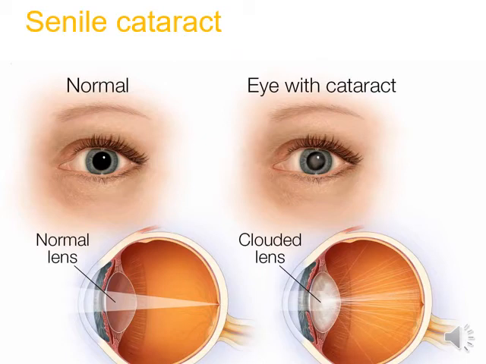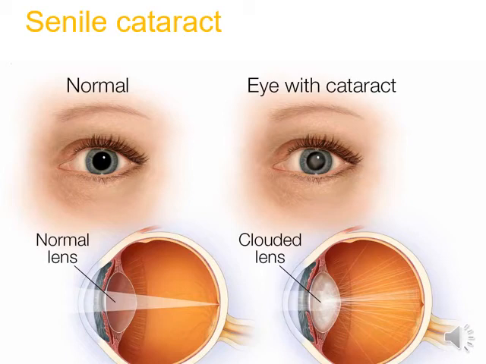Senile cataract is the most common cataract. To the right, this is the normal eye, and the pupil appears gray to black. The light is focused on the center of the retina.